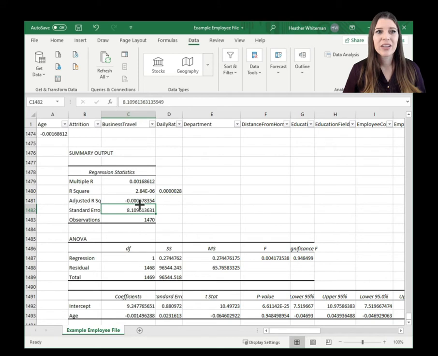Now, you will also get something called an adjusted R square. This is the math being used to account for additional variability and error that might be in your statistics. This is really important if you start to add more variables. So if we had more than just age predicting it, then you really want to pay attention to this adjusted R square.